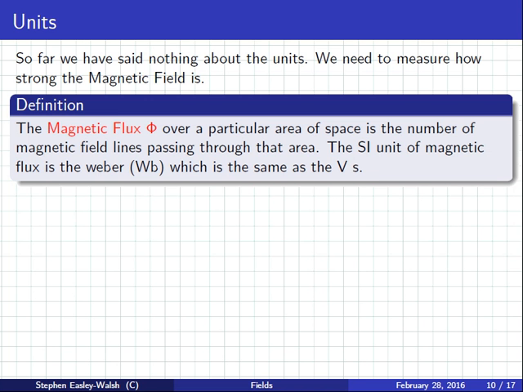There's a magnetic field going from here to the north, the magnetic field affecting the compass. That's how a compass works. So it's how many magnetic field lines are going through this surface right now. That's the magnetic flux over this area.